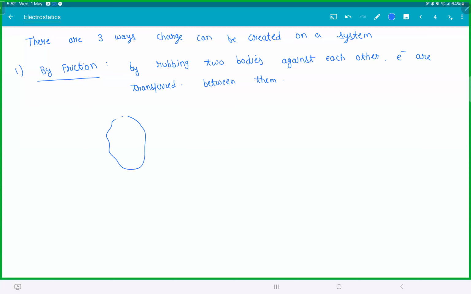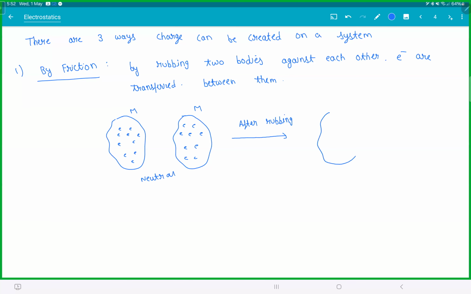So if you have two bodies here with mass m and mass m, initially they have a lot of electrons. So both are initially neutral. When you rub them against each other, they can ask a question like this: if two identical bodies are rubbed against each other and placed in a weighing balance, it's negligible, but mass does change.